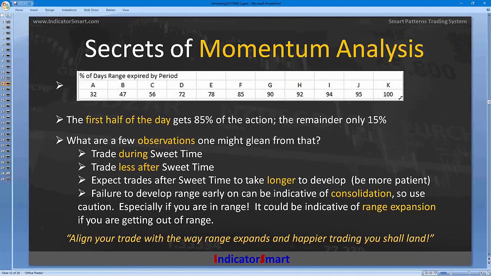So if I'm trading in F period and I'm expecting 65 ticks at the 85% level, like we talked about earlier, but I've only got 30 ticks right here, and I should have 45, and as I look back through the periods, the price action's still inside those prior periods, then that's what I mean, especially if you're in range right there.